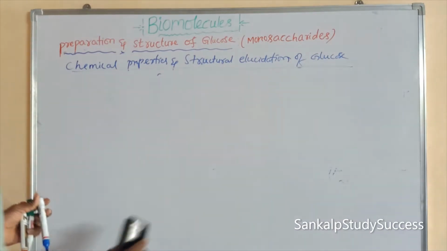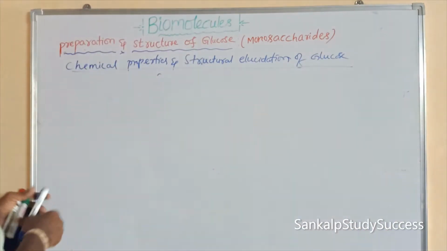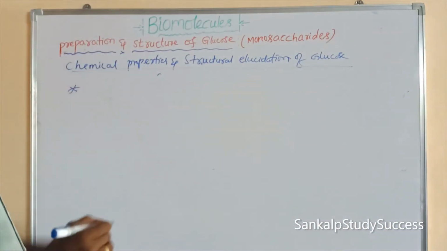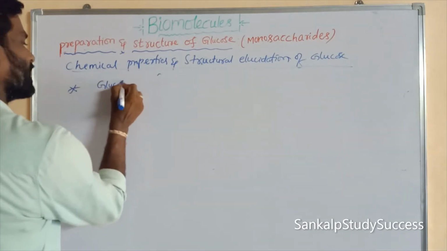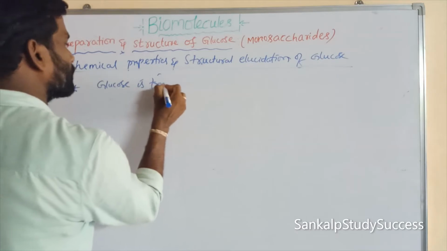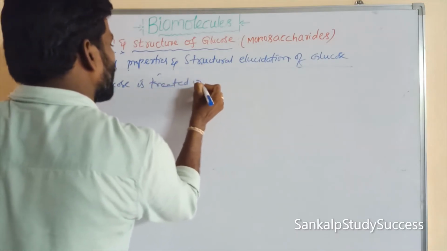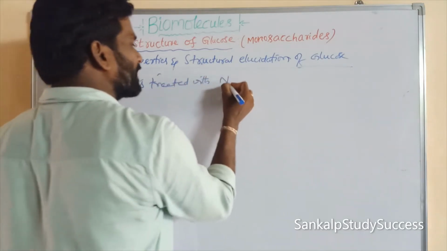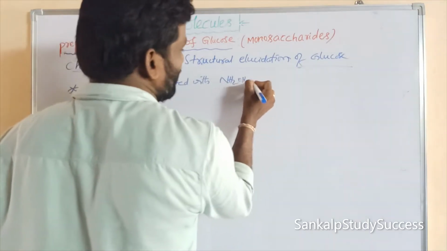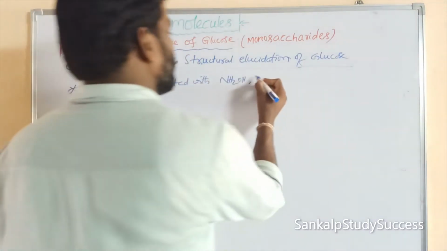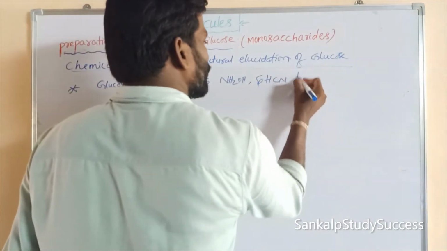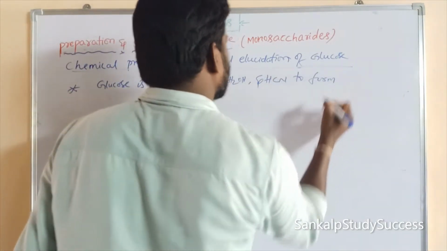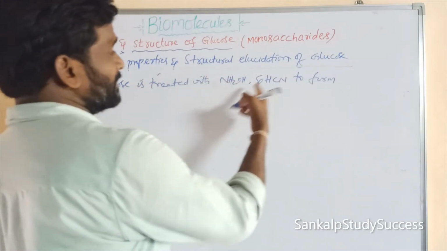Right. So glucose is treated with hydroxylamine. What is the formula of hydroxylamine? NH2OH is said to be hydroxylamine, and HCN to form products.